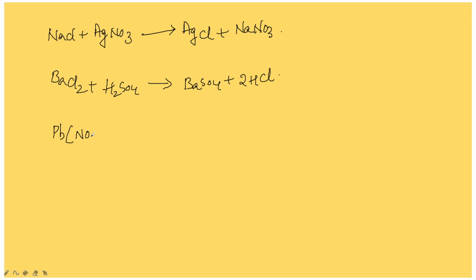Next, lead nitrate. This is a very important reaction because we observe a color change. An aqueous solution of lead nitrate and H2SO4: a white precipitate of lead sulfate is formed, along with HNO3. If you find the color, you can easily understand.